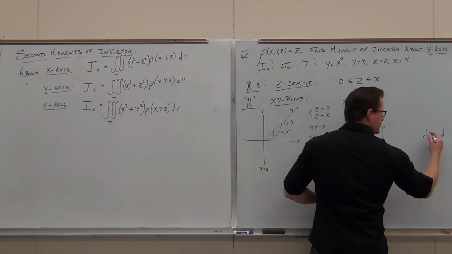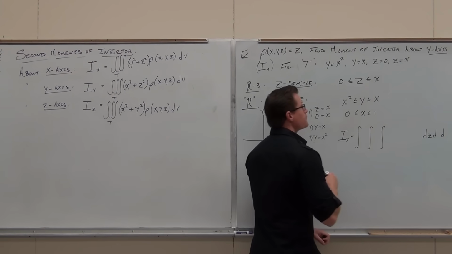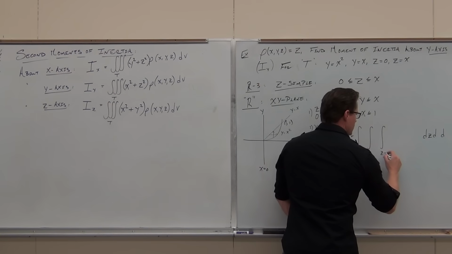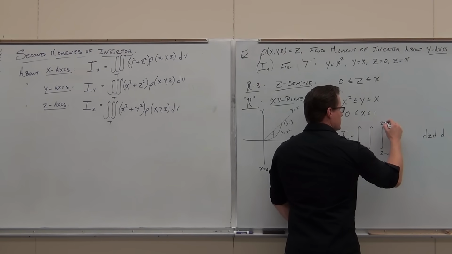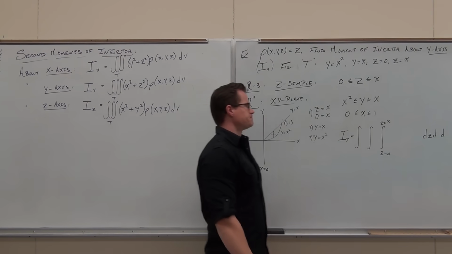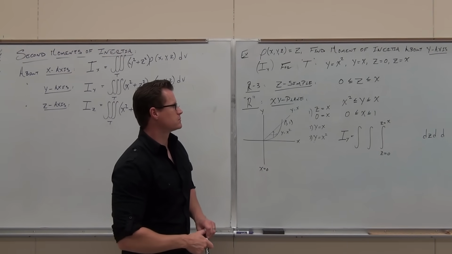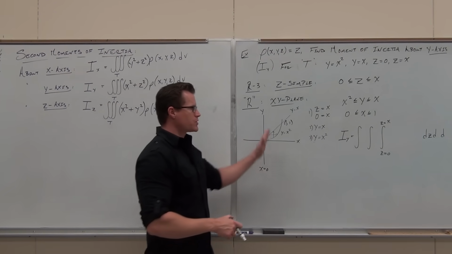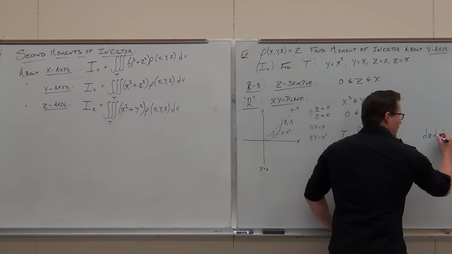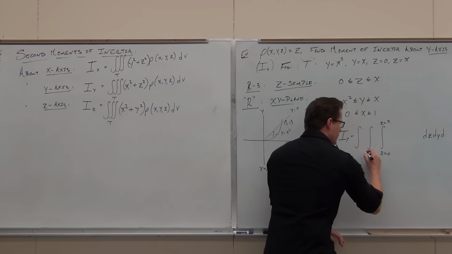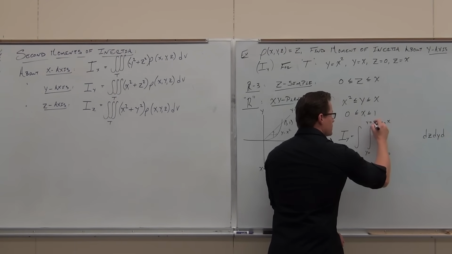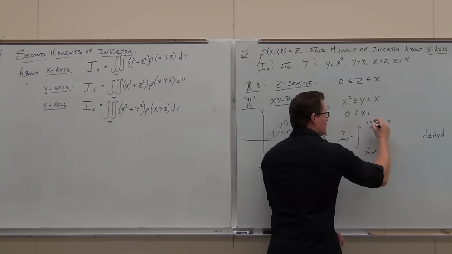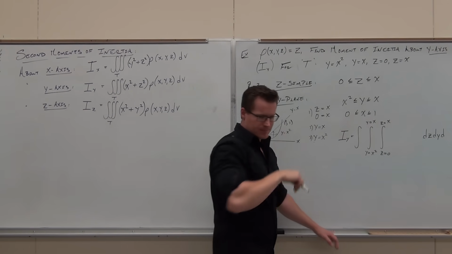So z simple, dz first, between 0 and x. R2 simple was along the y, so dy, y between x squared and x.